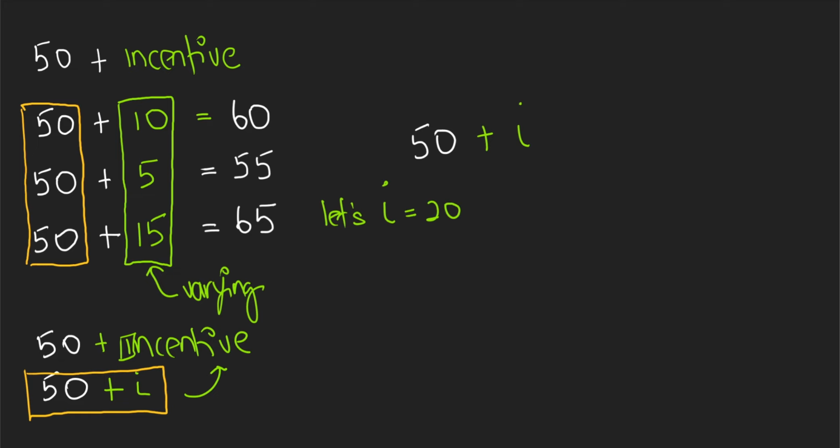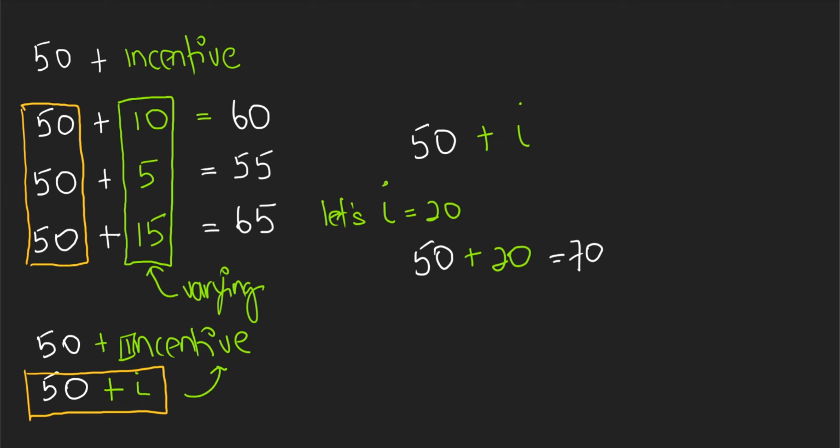So how much would the boy receive? It will be 50 plus, I'm going to substitute the I for the value that has been given, 20. So now the boy receives 70.